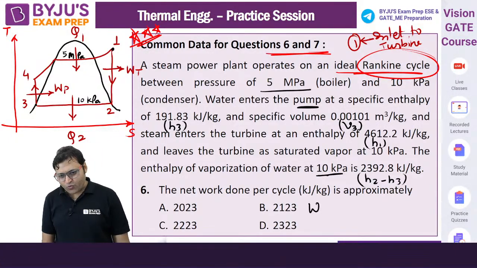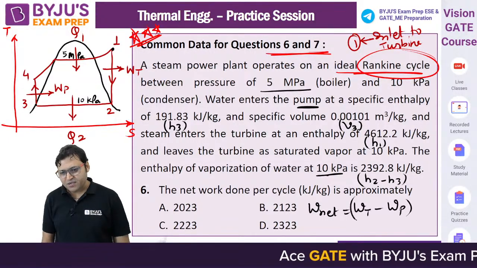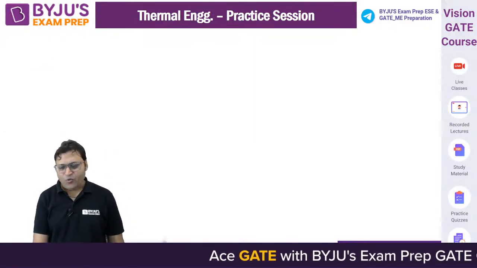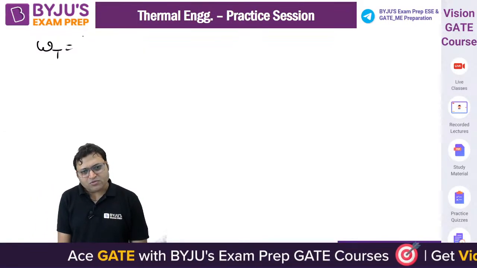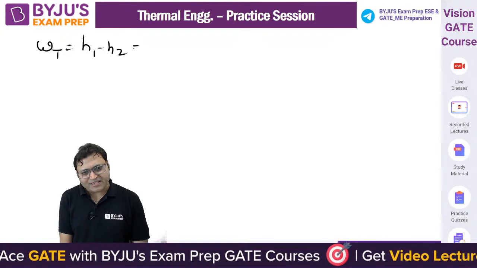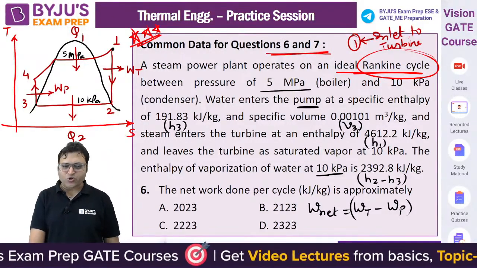So net work is equal to turbine work minus pump work, isn't it? What is turbine work? That is equal to H1 minus H2. H1 is known, H2 is unknown.